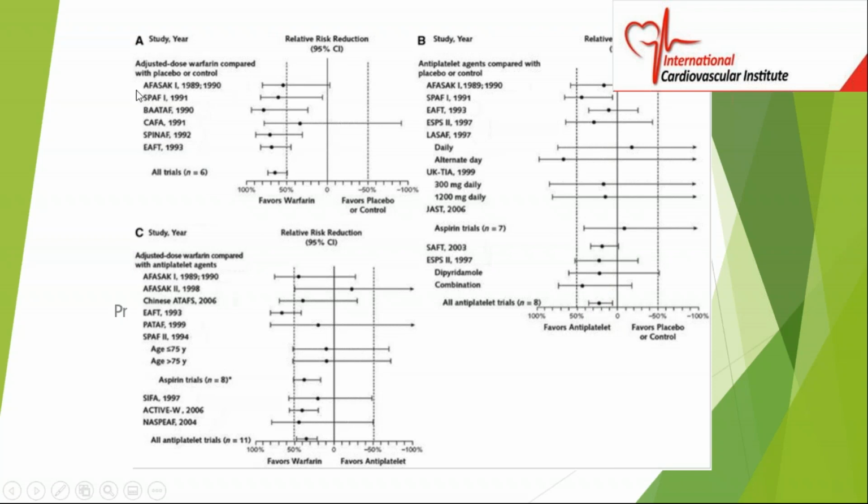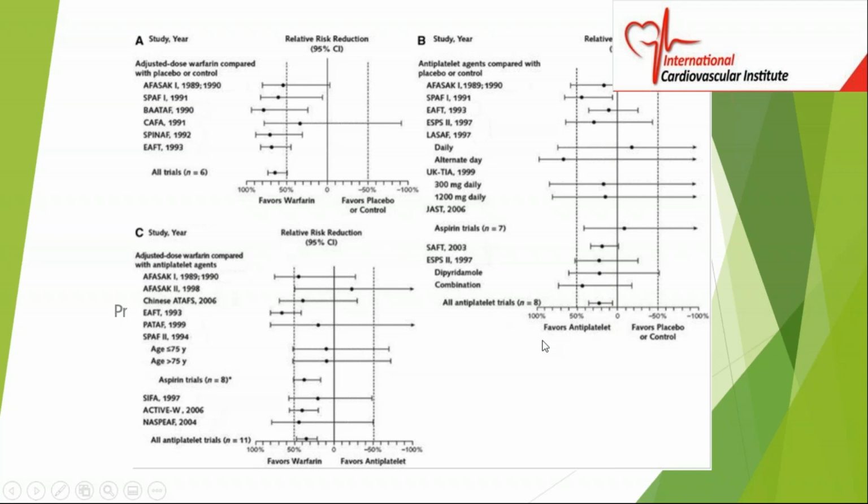So these are some early studies comparing warfarin to placebo. Anything to the left of the zero line shows that there's benefit. So all the studies show benefit for warfarin.